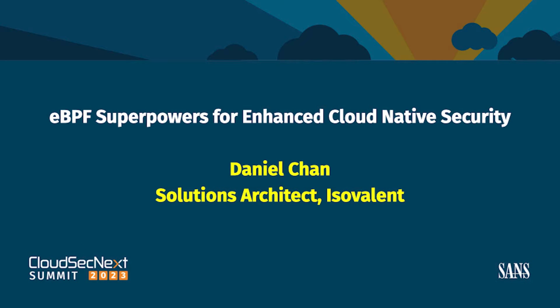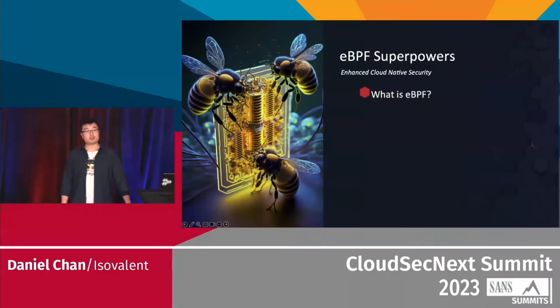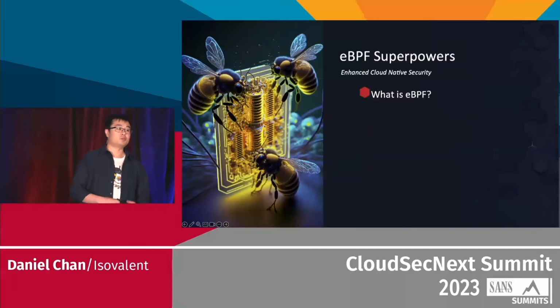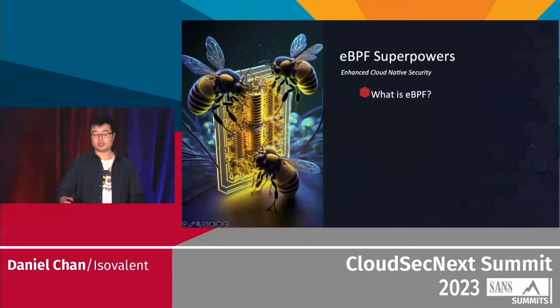I'm a solutions architect at Isovalent, and this will be my talk about eBPF and how it can help us secure a cloud-native environment. I'll talk really quickly about what eBPF is. We'll motivate it, and the problems that it'll help us solve. We'll do a little bit of an overview about all its different components.